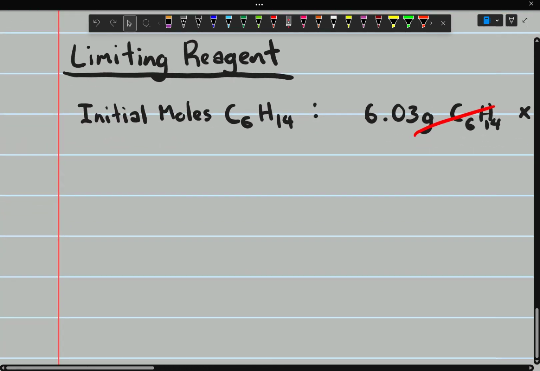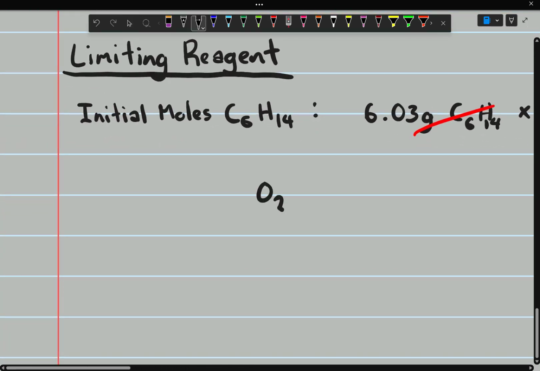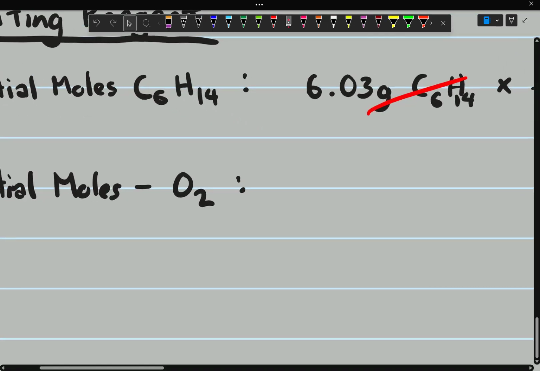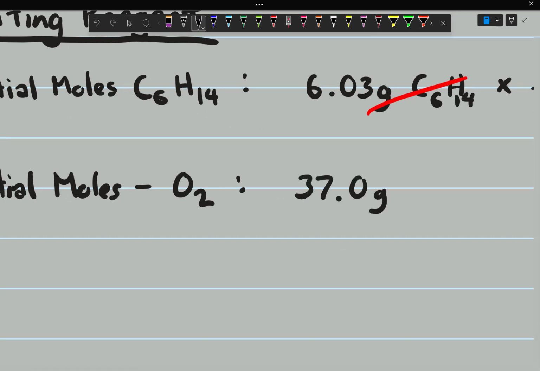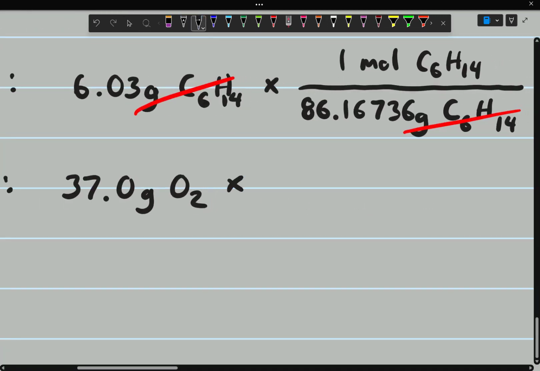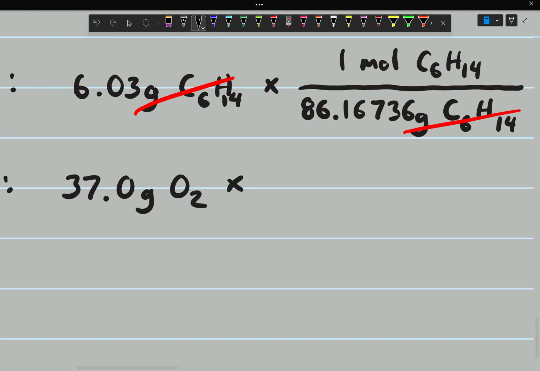Let's do the same for O2. So this is initial moles of O2. The problem tells us that we started with 37 grams of O2, and we can use the molar mass to calculate how many moles we started with.